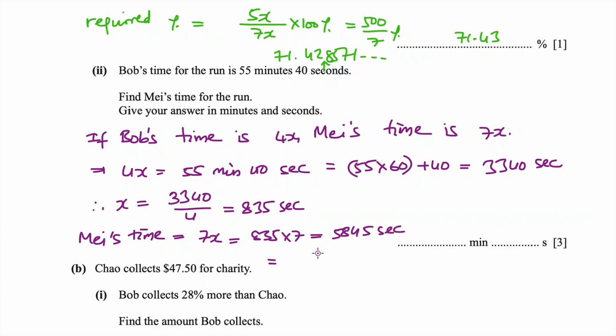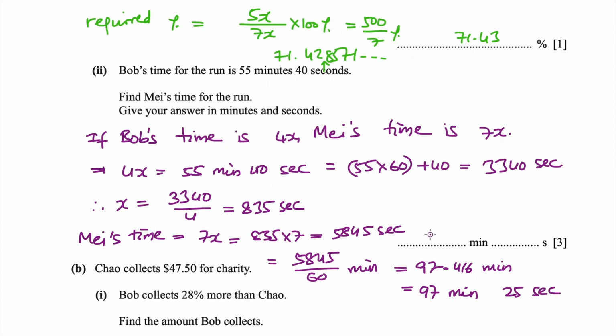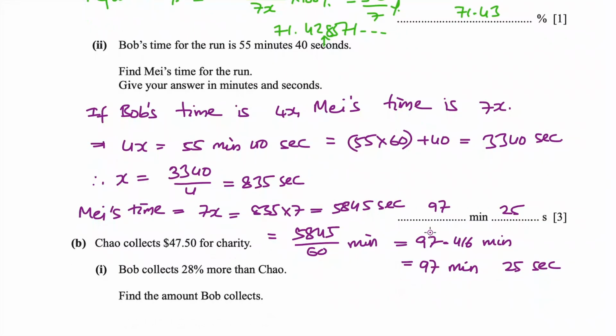If I convert this into minutes, this will be 5845 divided by 60 minutes, and I will get this as 97.416 minutes, which is nothing but 97 minutes and 25 seconds. So the answer is 97 minutes and 25 seconds. This will complete the question.